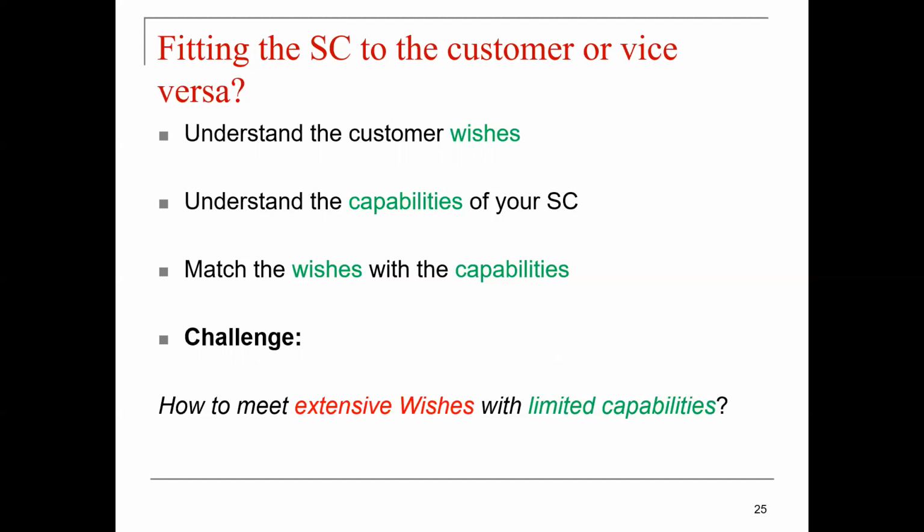So if you notice, for example, that customers are now going into the electric car product, so customers are preferring those cars now, and you want to go into that dimension, but you don't have the capabilities, then you're not matching those wishes with your capability. So the challenge is how to meet the extensive wishes with the limited capabilities of your company.